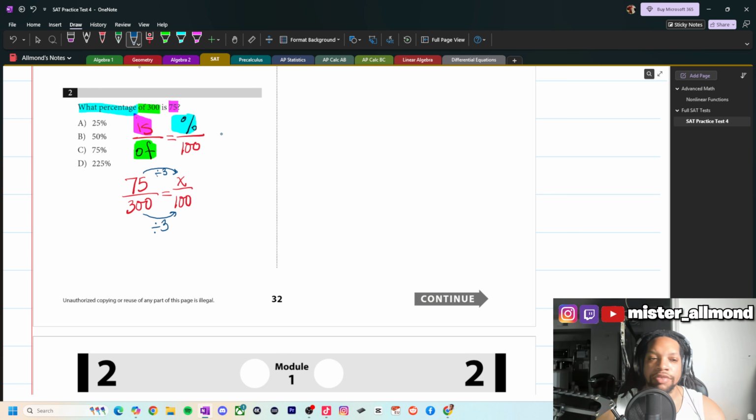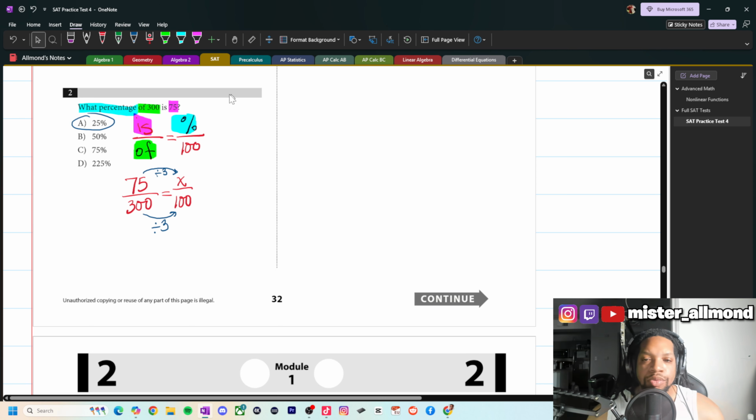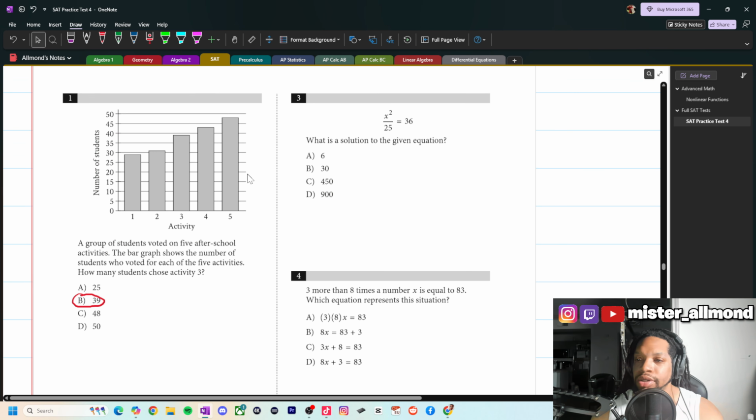So if you know 75 divided by 3, then that's that. And then I guess you could check your answer if you want to calculate it. If you take 300 and then take 25% of that, you could see if you got it. But okay, let's keep going.